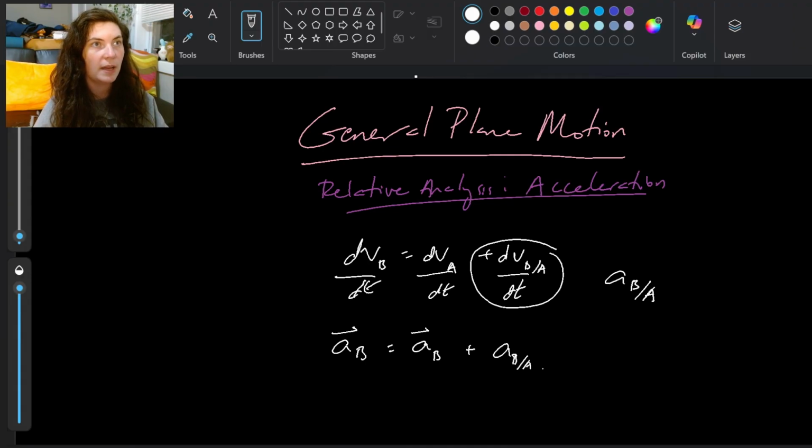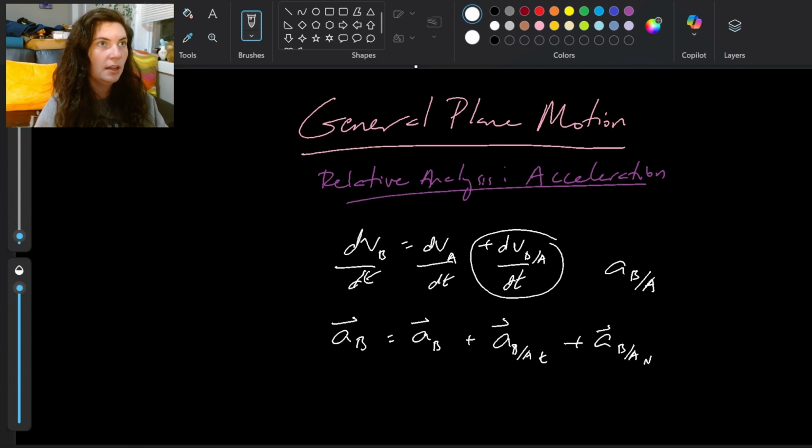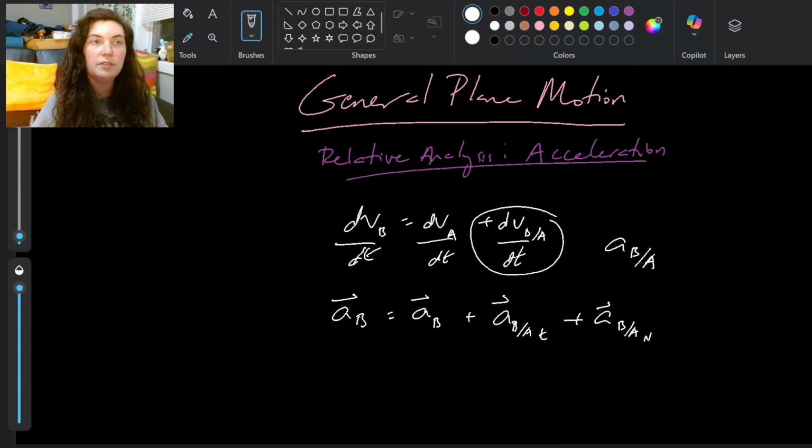So AB with respect to A, I'll do tangential first. That's just convention. So plus our acceleration of B with respect to A in the normal direction. And these are all things that we've seen before.